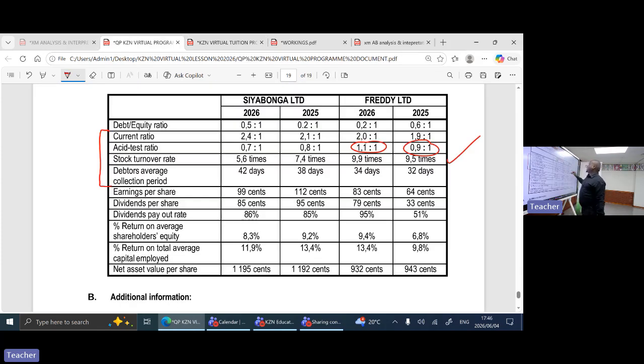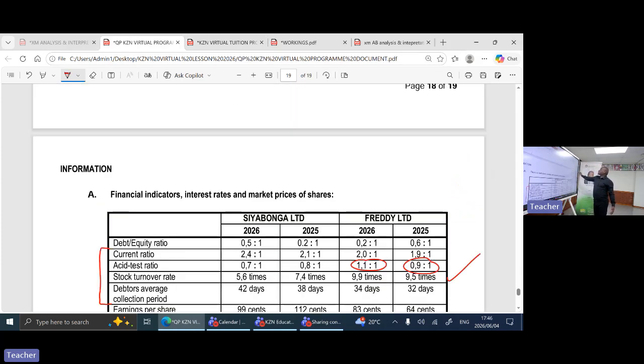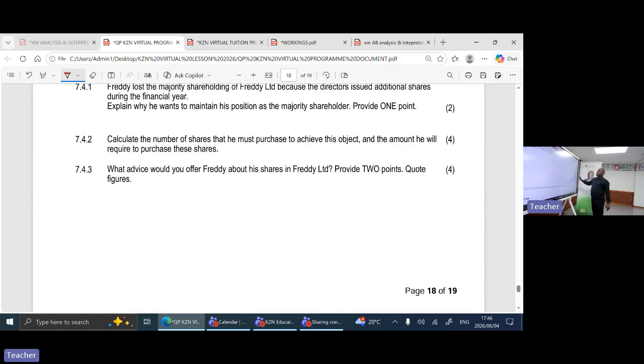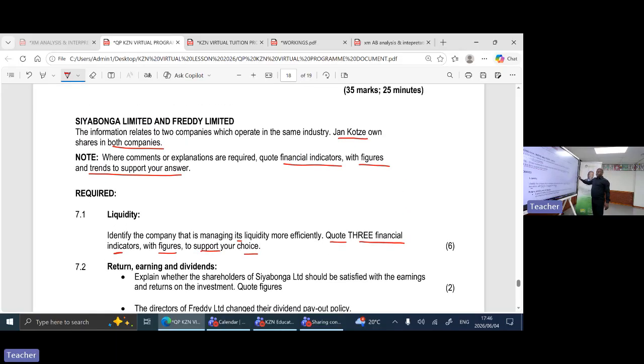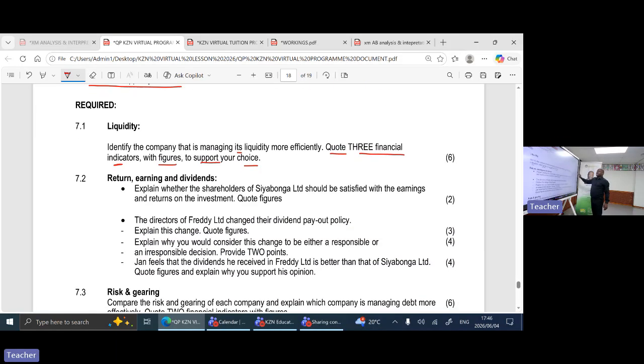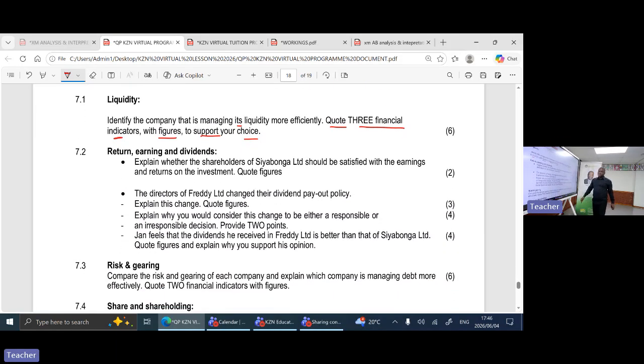Okay, let us look at the second question. What are they saying in the second question? It says retained earnings, dividends. Explain whether shareholders of Siyabonga should be satisfied with the earnings and returns on investments.